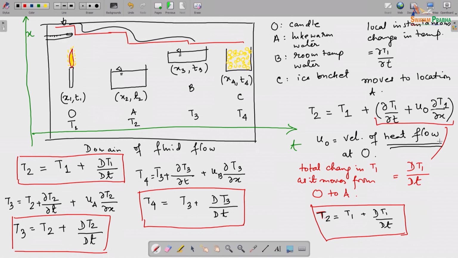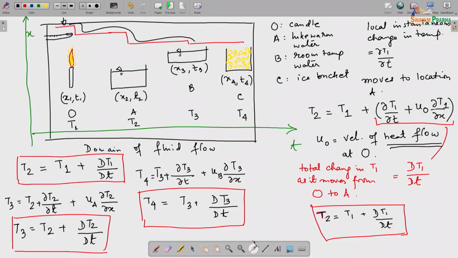The point is that if you didn't have all these things, if you didn't have a candle and some other 3 different types of sources of heat at different temperatures, then you would actually have the same temperature. There would not be any change in temperature on this entire domain. So your continuum approach is fine. There is nothing wrong with that.